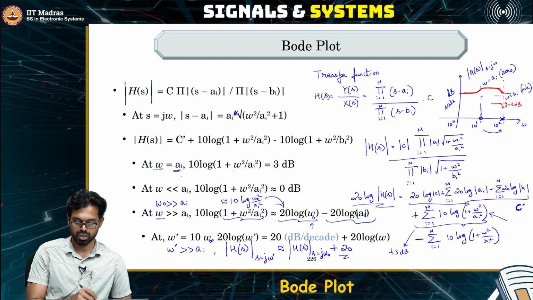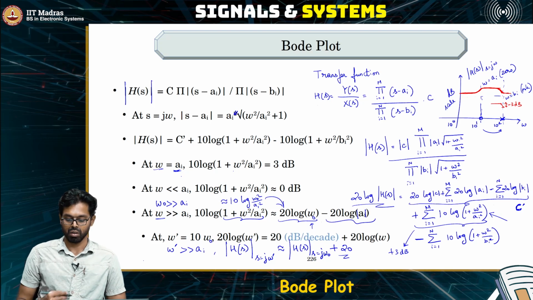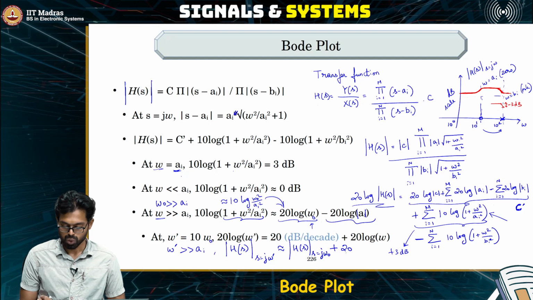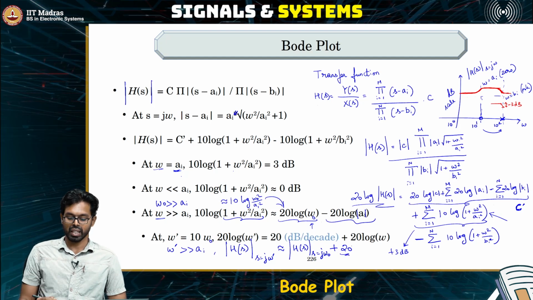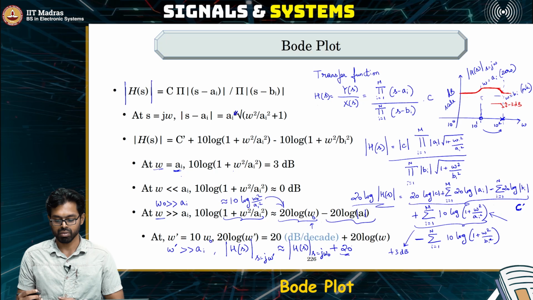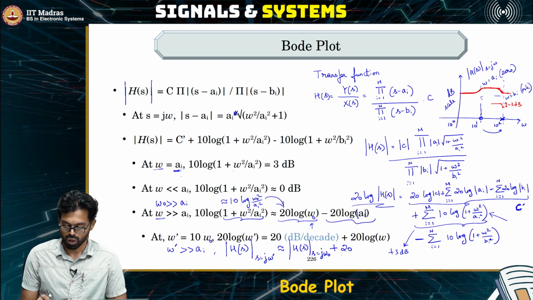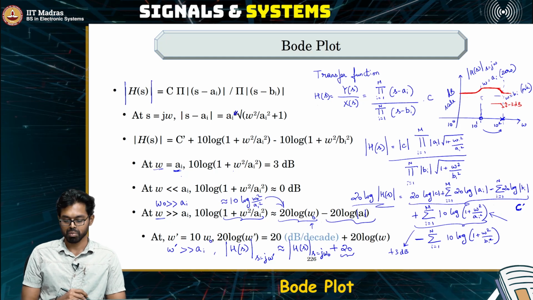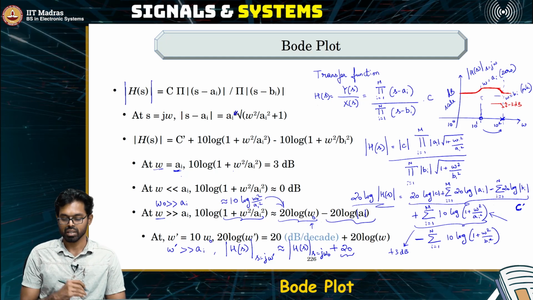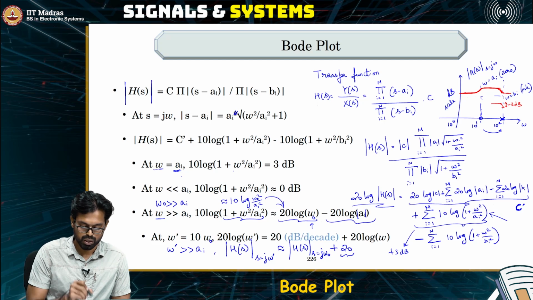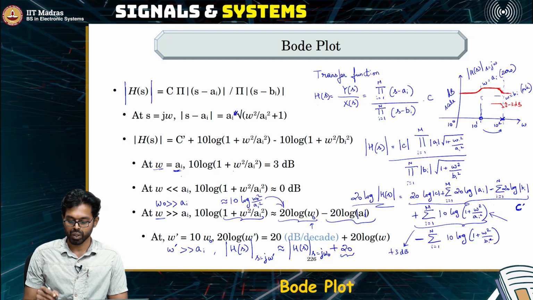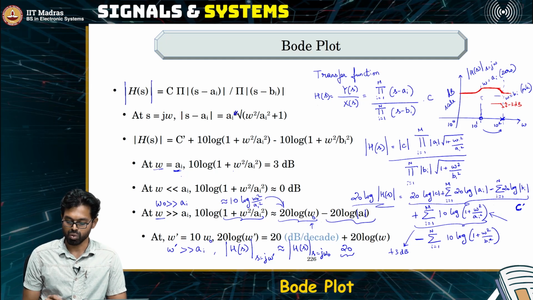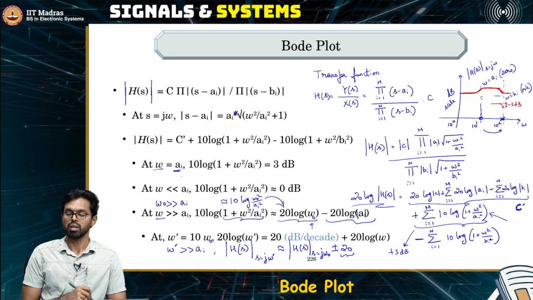Log 10 is 1 because the entire log is in base 10. So you just get an increment of 20 and that's all. What this says is, for every increase of 10 times in the frequency, there is an increase of 20 in the transfer function's magnitude, and a decrease if this was a pole. If this was a zero, you get plus 20. There is a minus sign here, because of which if it was a pole, this would be minus 20.